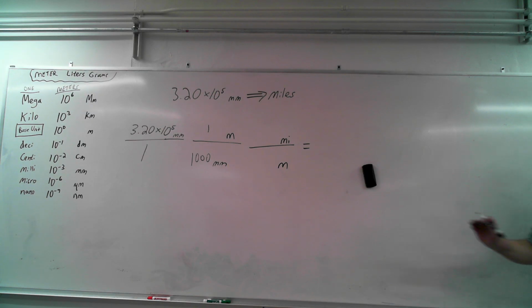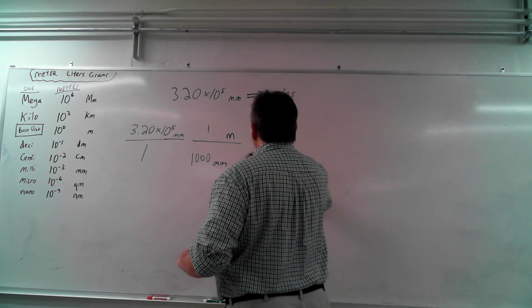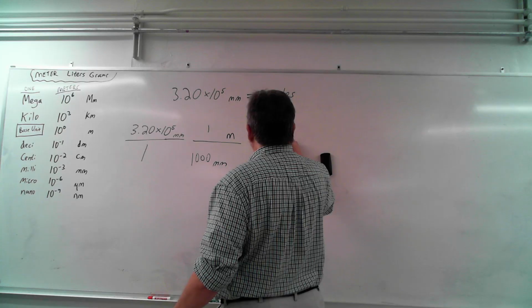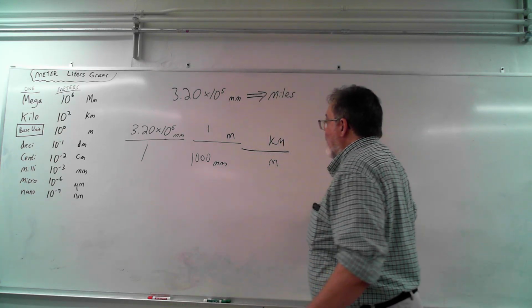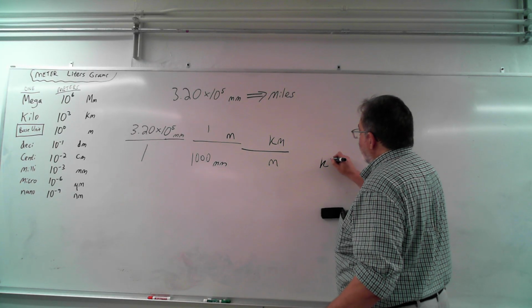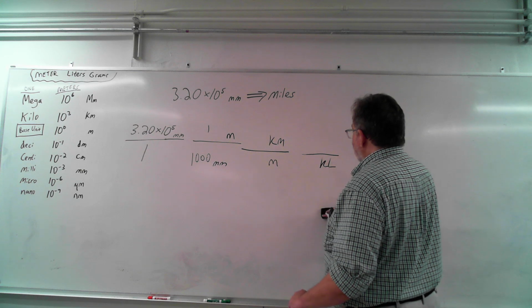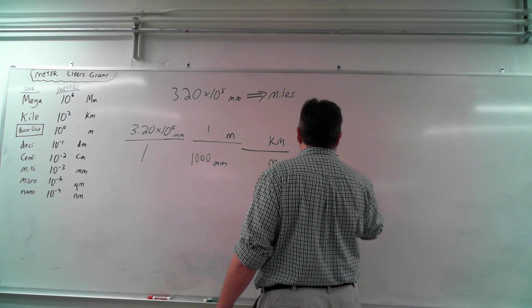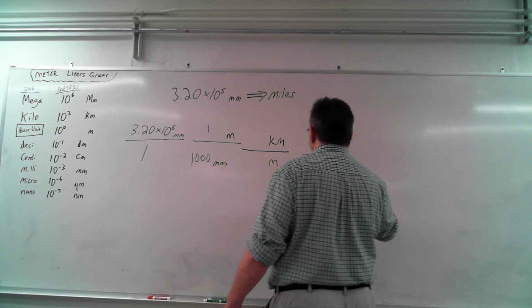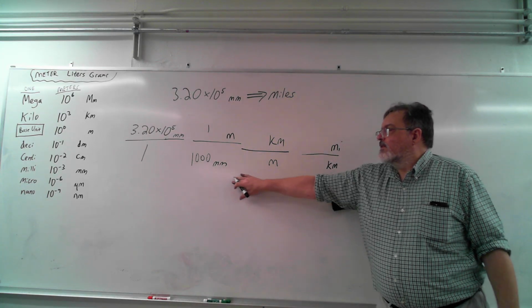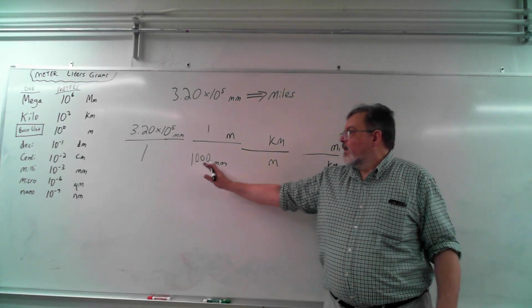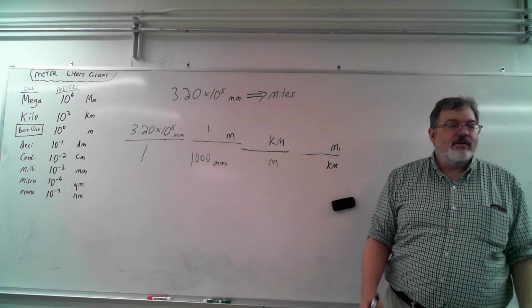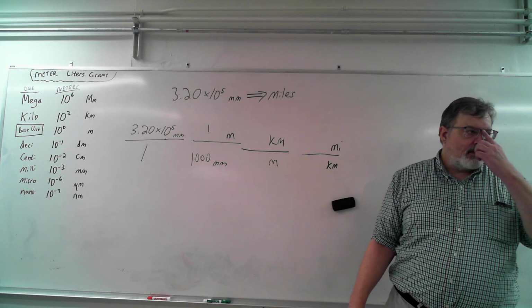I've got to get from meters to kilometers, and then I can go kilometers to miles. So I put both of these conversion factors. This is similar to that complicated way I was doing it that y'all hated so much. But it's just so much easier to build these when you're doing this.